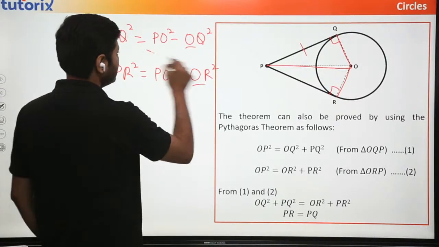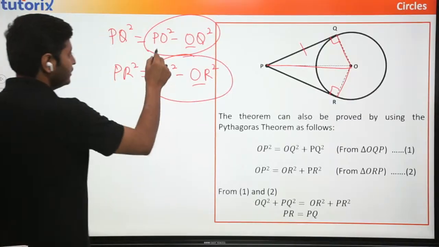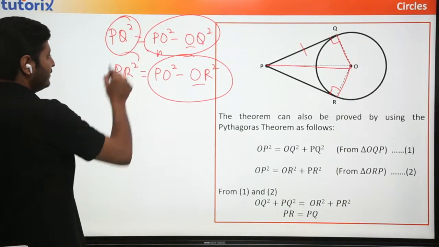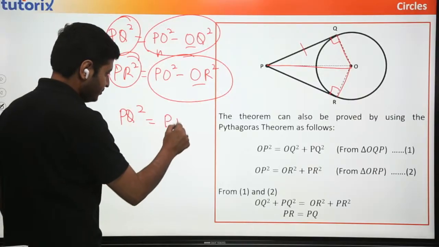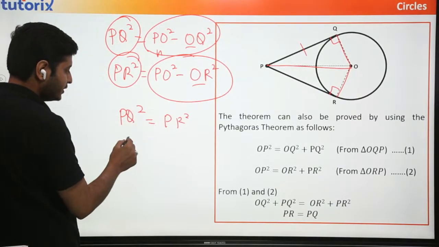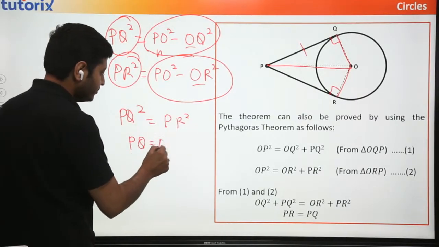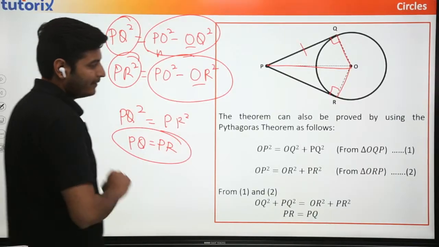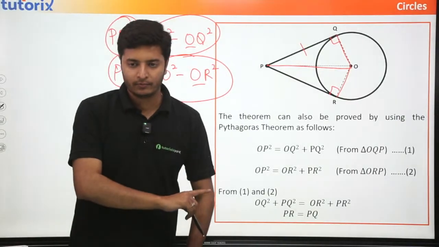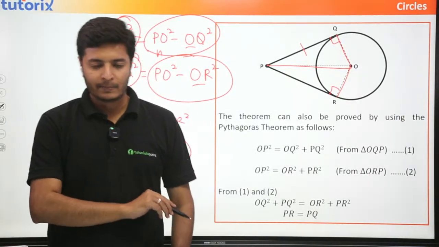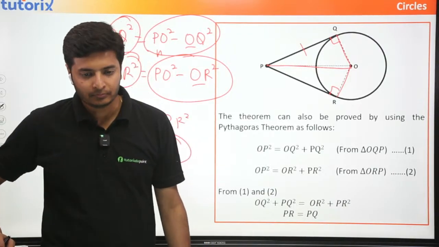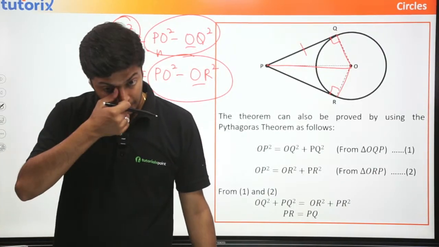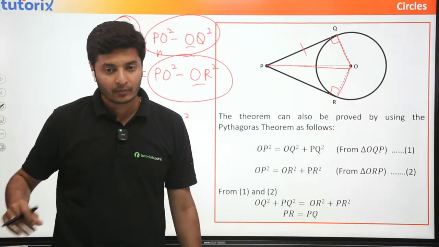So this whole value and this whole value are equal. It means left hand sides are also equal. PQ square is equal to PR square. Square on both sides you can cancel out. So PQ is equal to PR. This is also one of the proofs. Very easy, right?